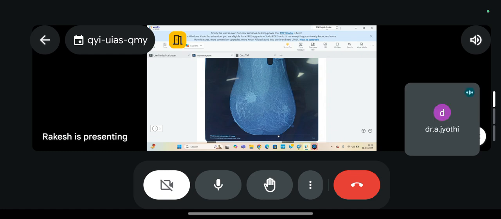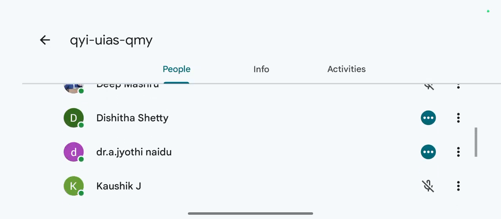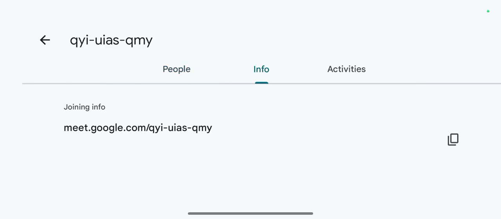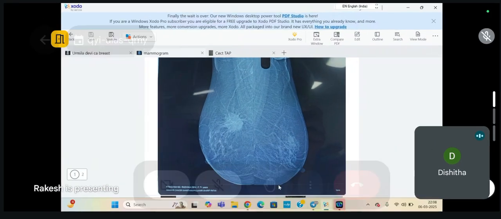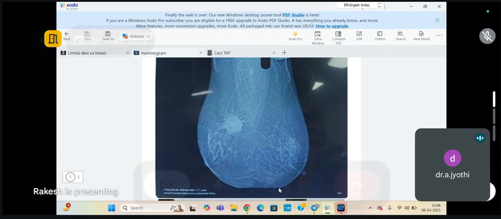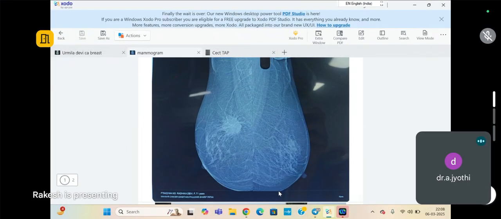Discordance can be between two imagings, when you cannot characterize on the previous imaging. MRI is also a screening investigation in BRCA mutation patients. For some locally advanced cases, for response assessment, we can use MRI.